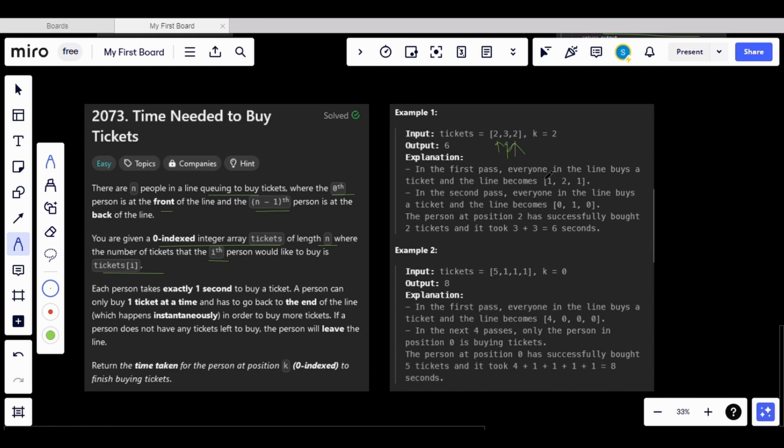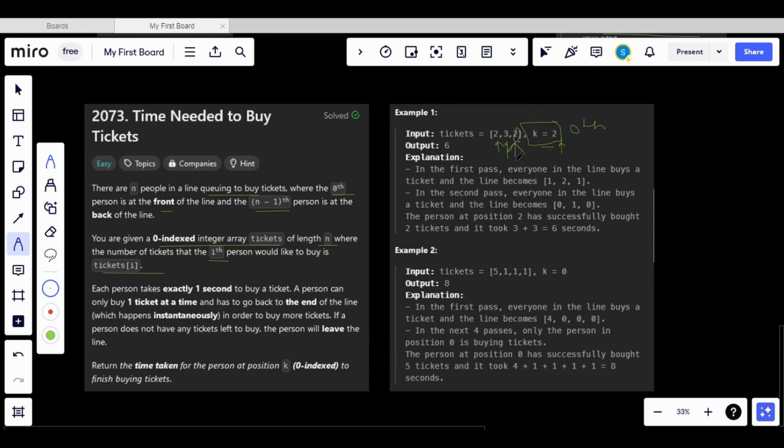And we are given the index of the person that we are to, in a way, follow. So if k is equal to 2, that means this is the index, in a 0-indexed array. So we want to look at k equals 2.